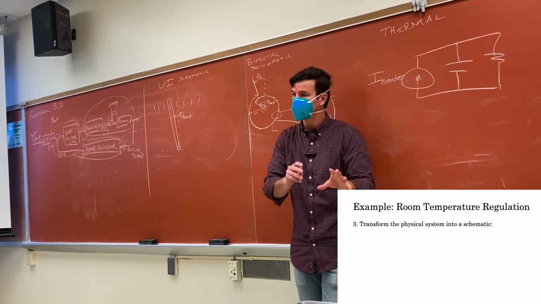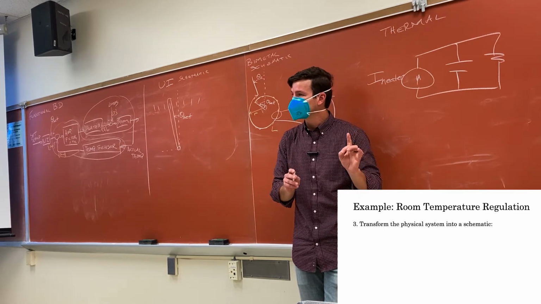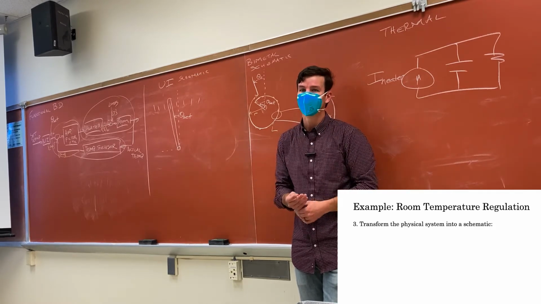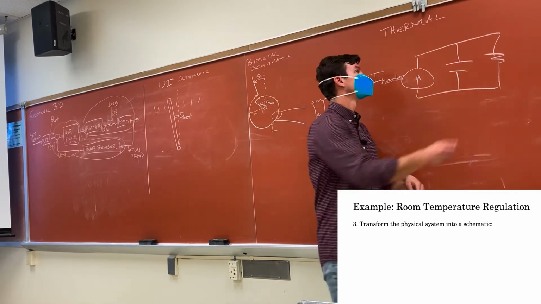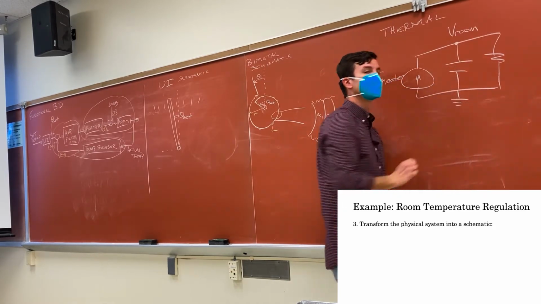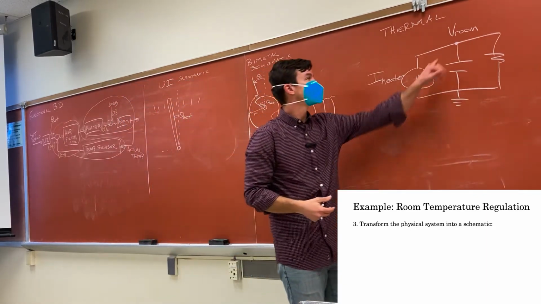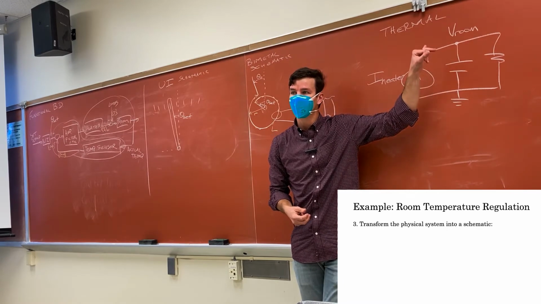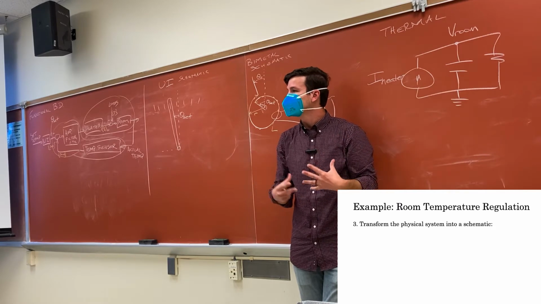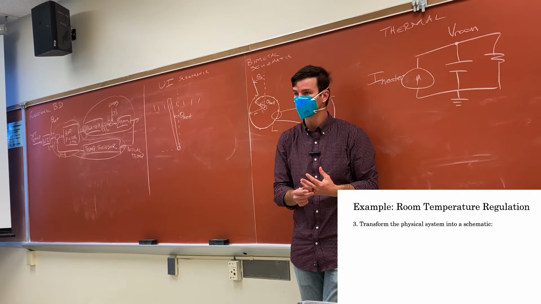Heat is different than temperature. If heat is like current, can you help me out? What is temperature like in an EE? Voltage. There we go. The voltage of the room corresponds to the temperature of the room. The capacitor represents the room's ability to store heat, much like a capacitor actually represents the ability to store charge.